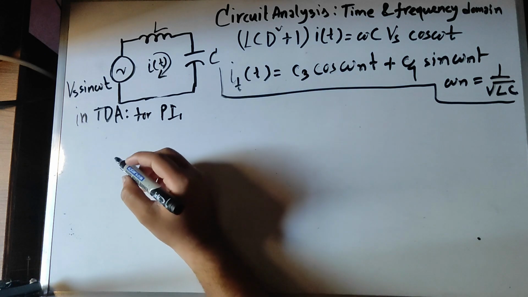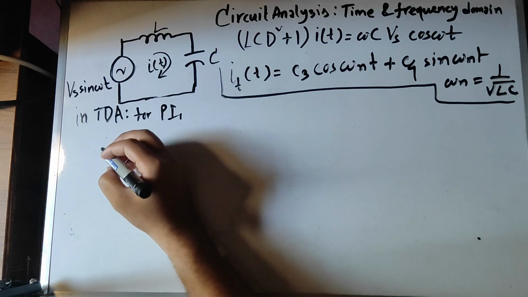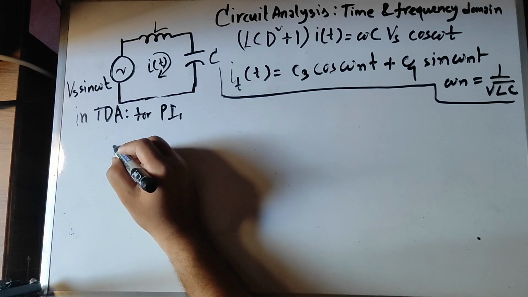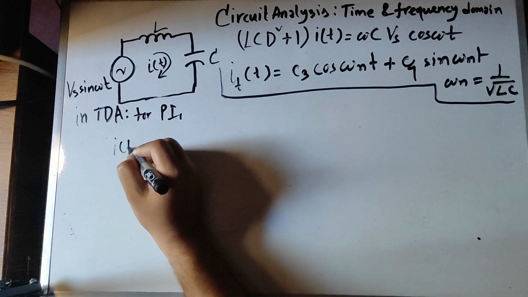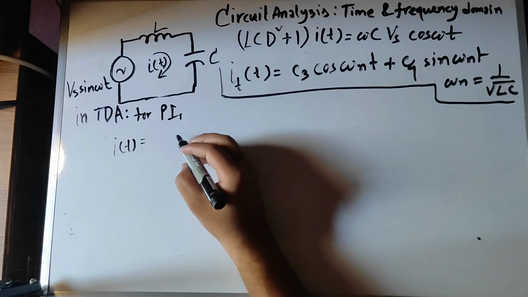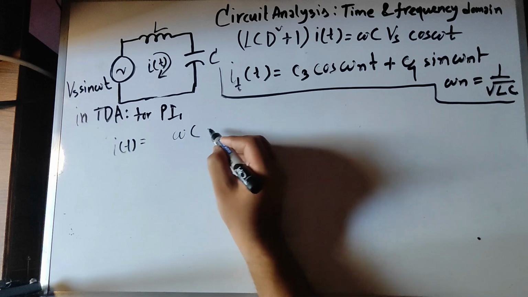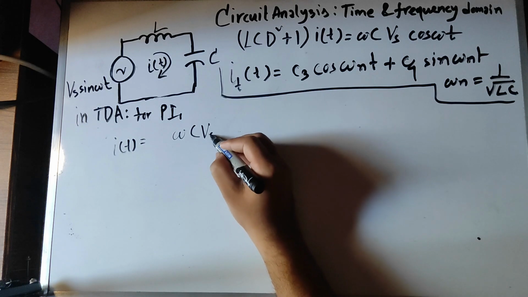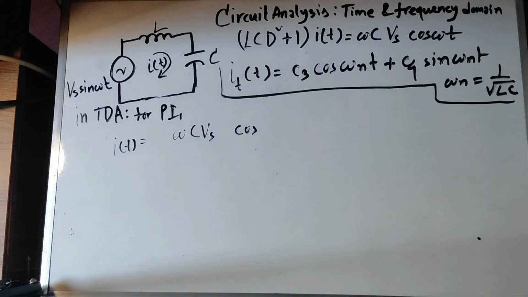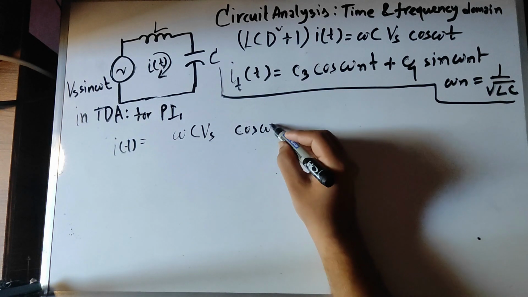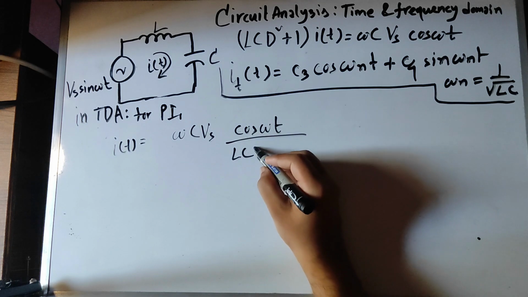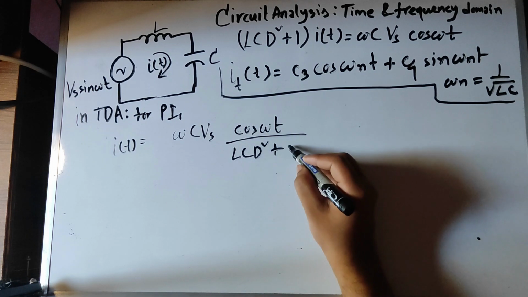For the particular integral, i(t) equals omega C Vs cos omega t by (LC D squared plus 1).